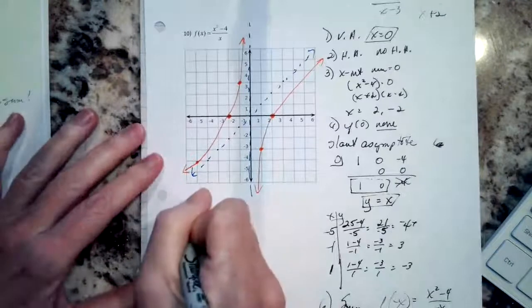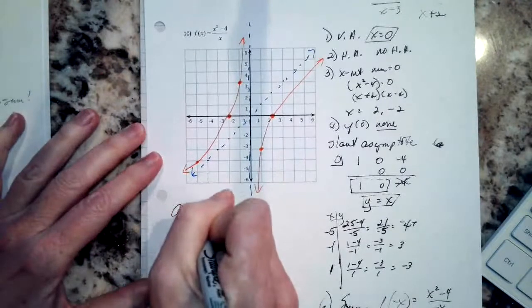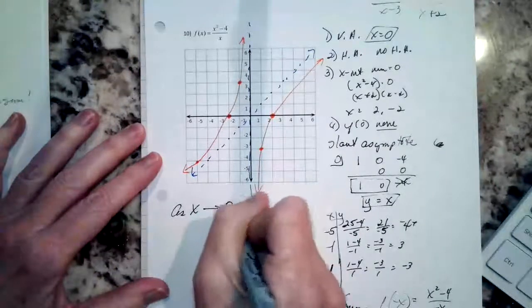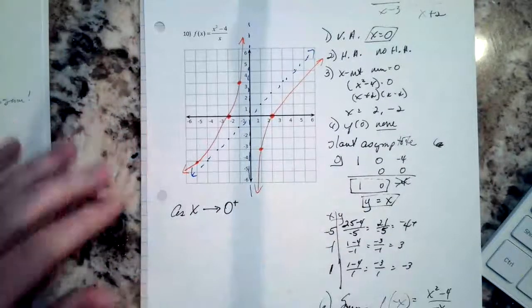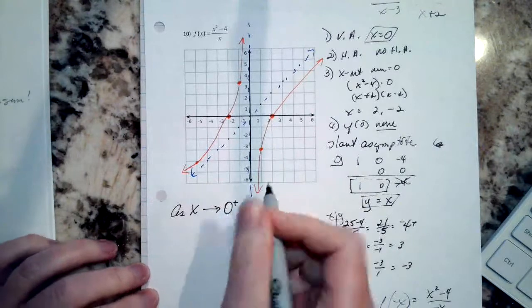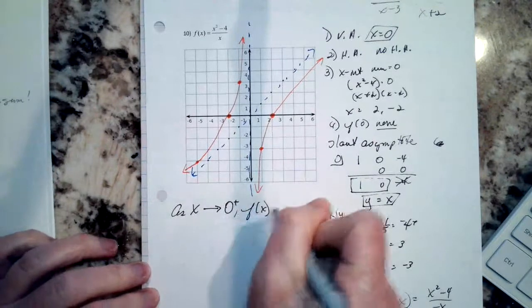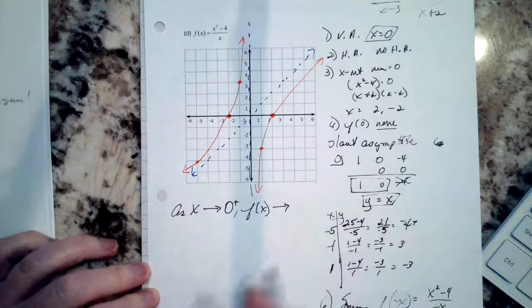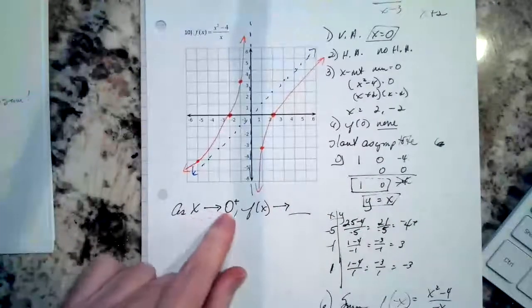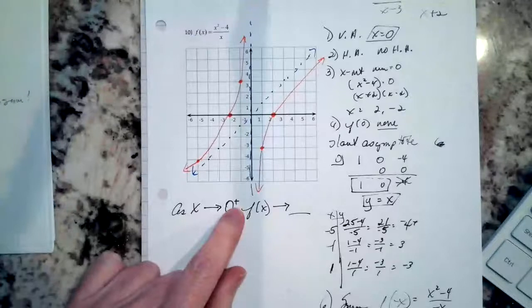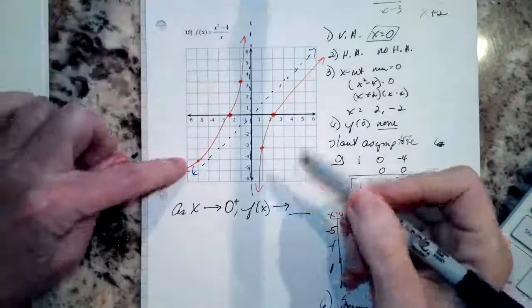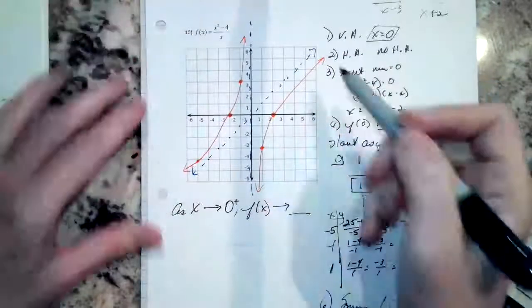Okay, let's do a couple of those as x's. As x becomes 0 from the positive side, let's look at what f of x approaches. So as x is approaching 0 from the positive side, okay, we've got 4 things happening, 2 sets of arms.